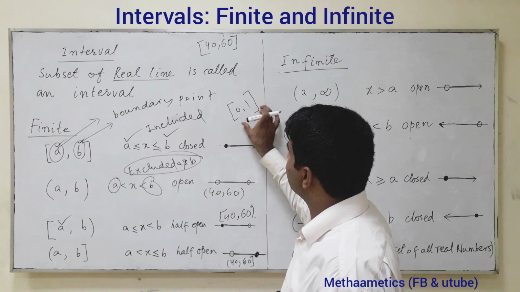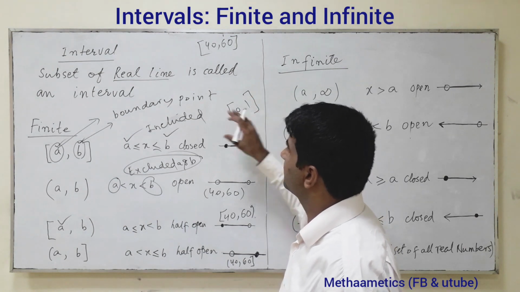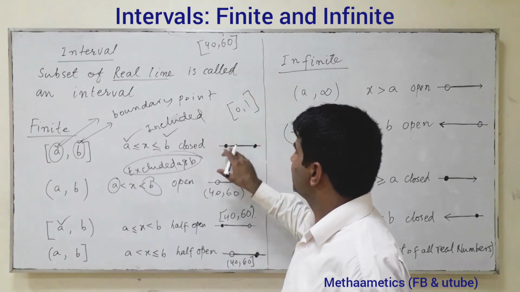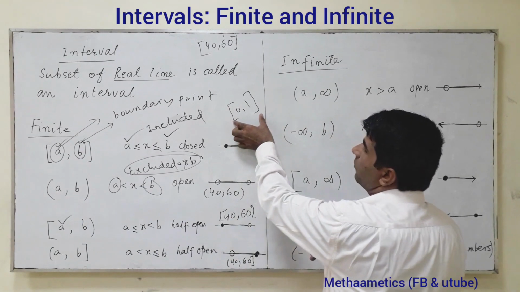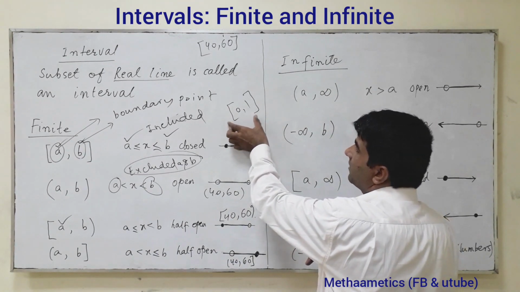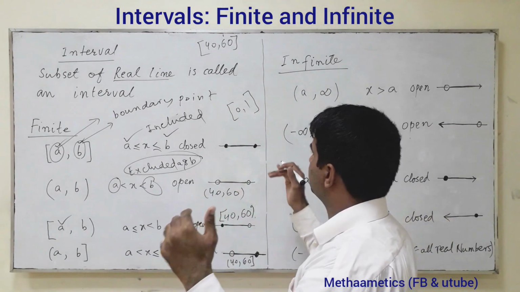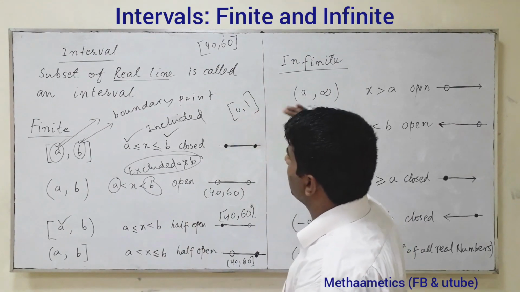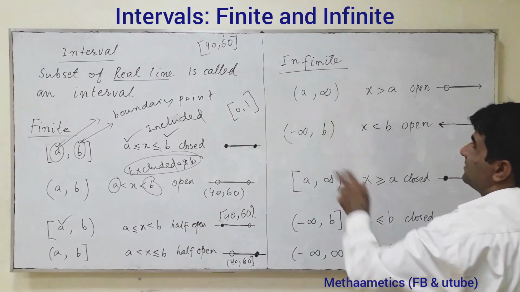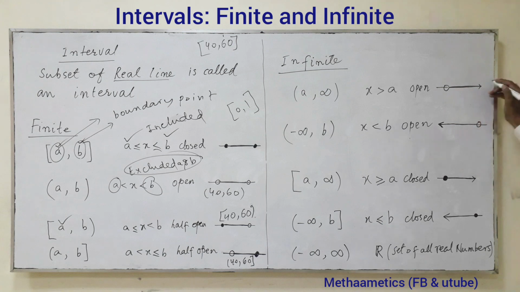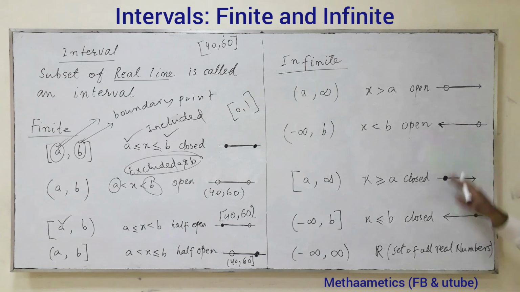But this interval itself is finite, in the sense of the boundary. The boundary of this interval is finite, but the values in it are infinite. Why is this interval infinite? We see here that it doesn't have a boundary. This interval as well doesn't have a boundary. None of these intervals have a boundary.